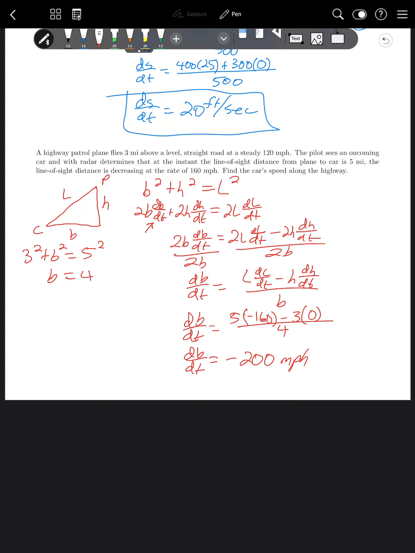They asked for the car speed. So if the plane is going 120 this way, and the distance between them is changing at negative 200, then how fast does the car have to be going? And the answer to that is 80 miles per hour.